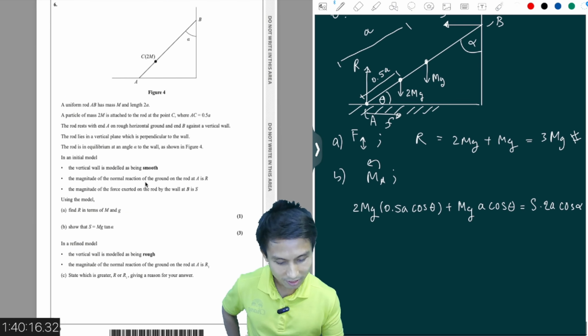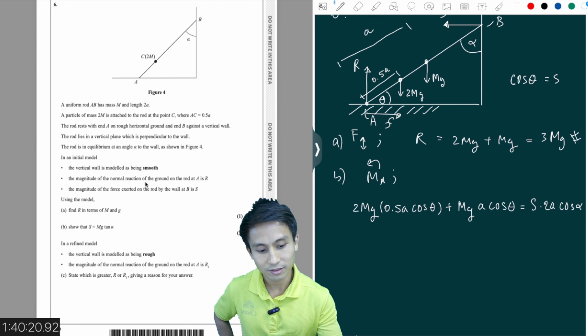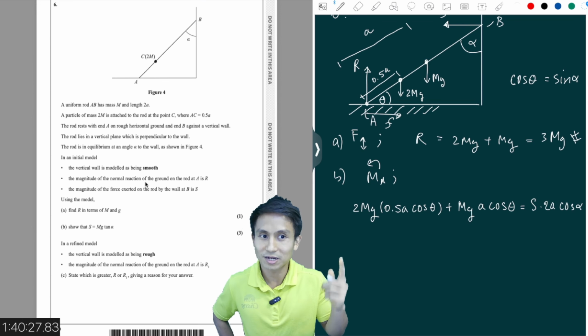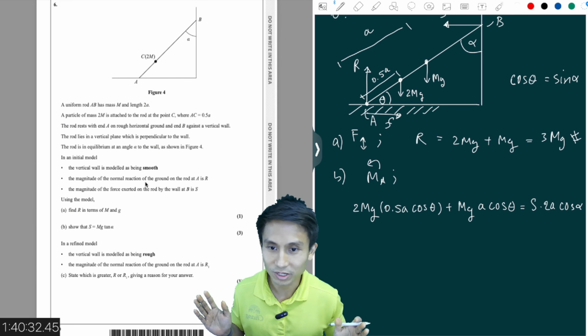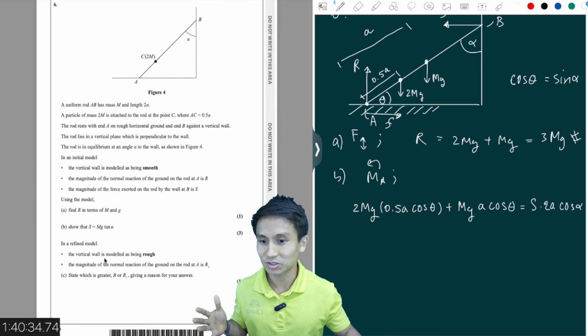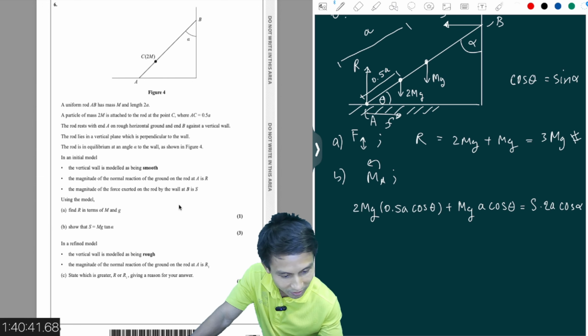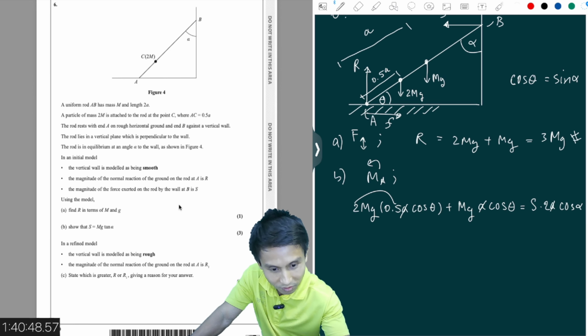Now cos theta is just sine alpha, because theta and alpha add up to 90, so cos A equals sine B. We're not given the angle, but we don't care because we're going to keep alpha anyway. I can cancel the a out, and 2 multiplied by 0.5 gives 1.